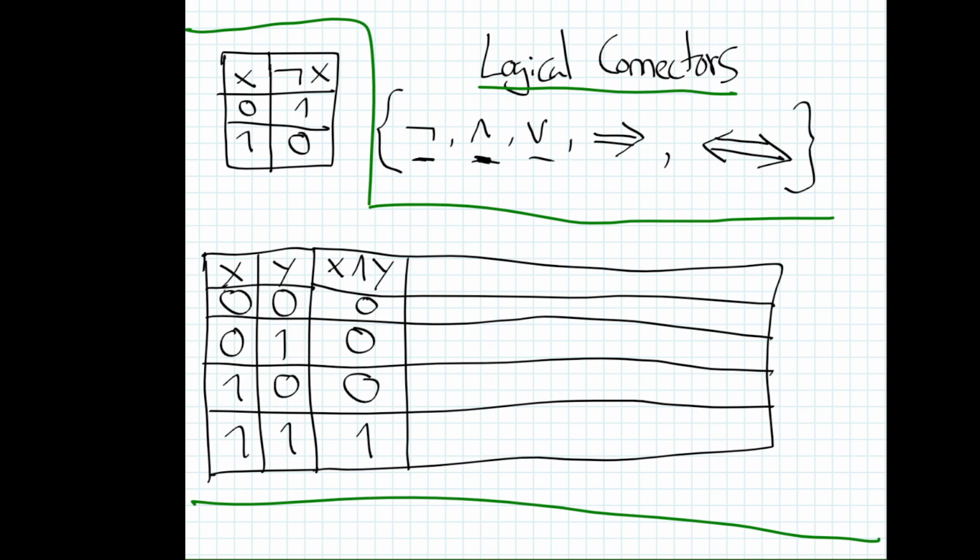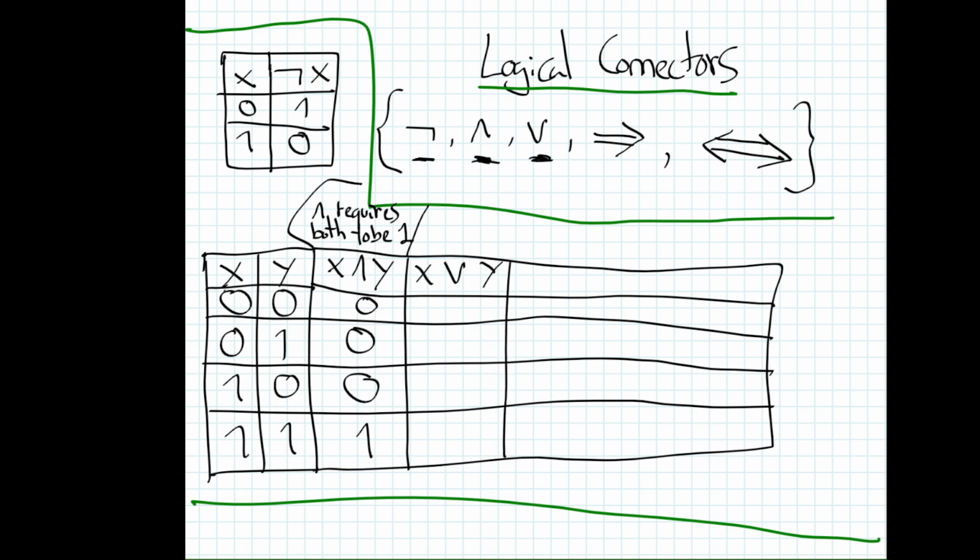How about then the disjunction? How will the disjunction work? So let's just say up here that the conjunction requires both to be 1. That's the definition. So then we have the disjunction, right?